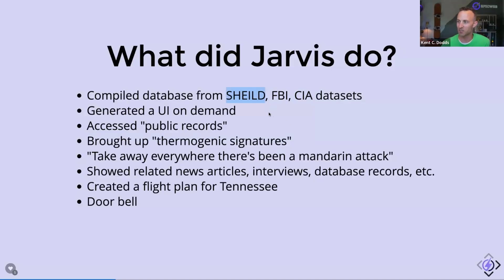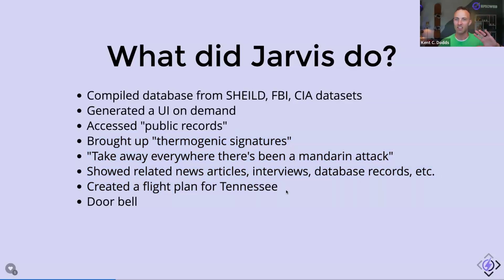Also, Shield is hopefully a fabricated agency, but I hope it's not real. I don't know. Maybe I hope it is real. But yeah, it's generating UI on demand. Maybe we can't do holograms, but we can definitely generate UI on demand, and we're getting better at that all the time. Accessing records and relating those things, even creating a flight plan.